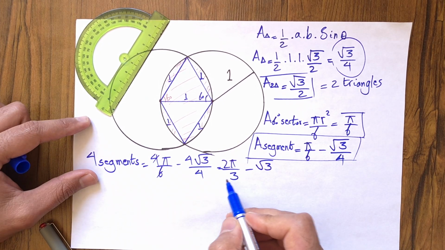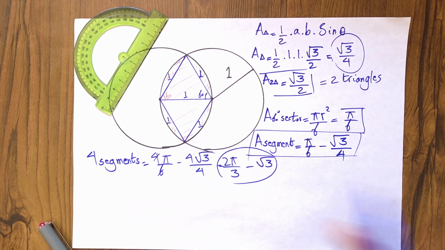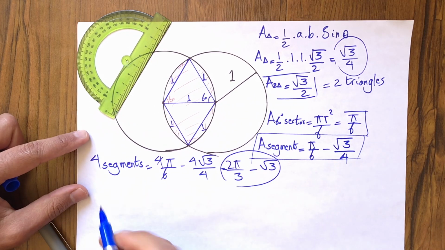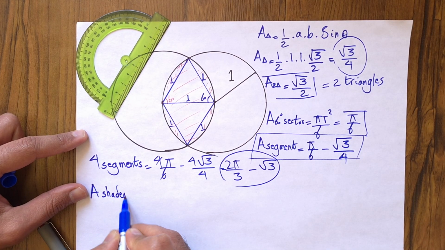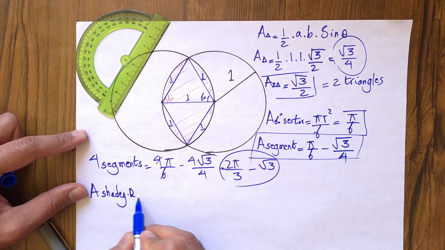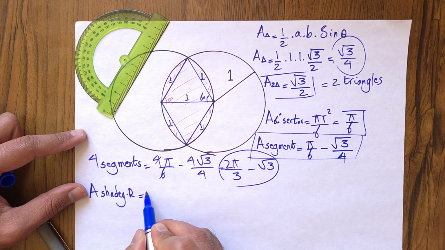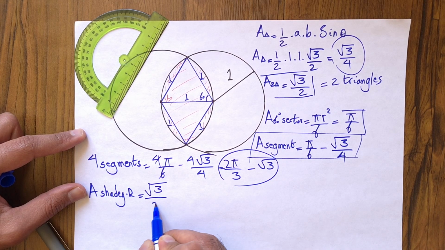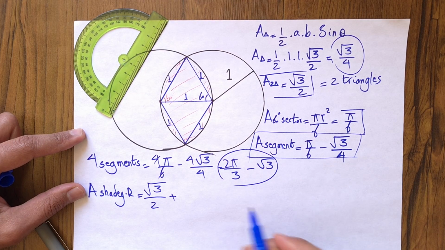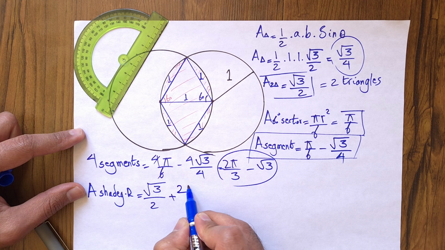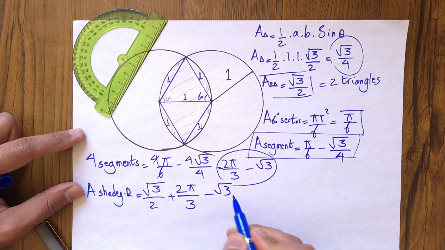And then we have the 4 segments now, and we have the area of the 2 triangles. We can just add them up to find the area of the shaded region. So the area of the shaded region equals the area of 2 triangles, root 3 over 2, plus the area of the 4 segments, 2 pi over 3 minus root 3.